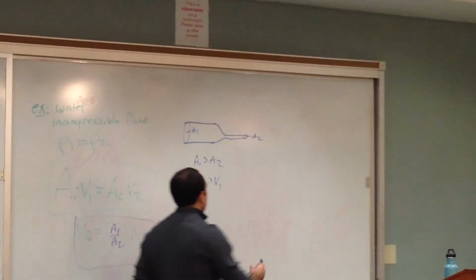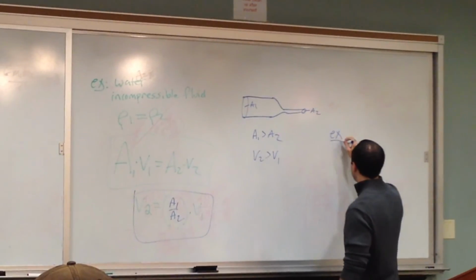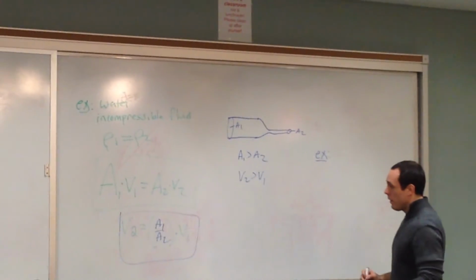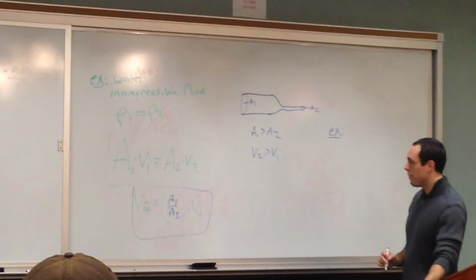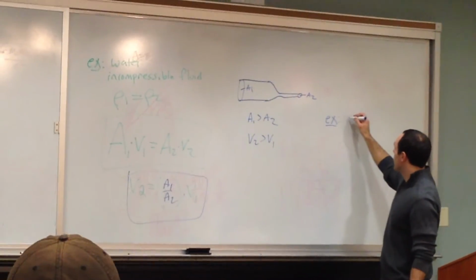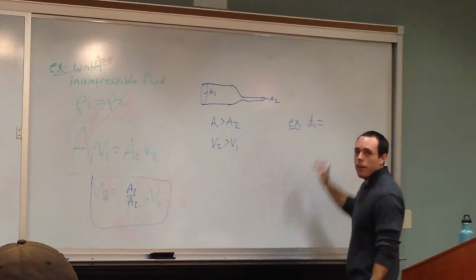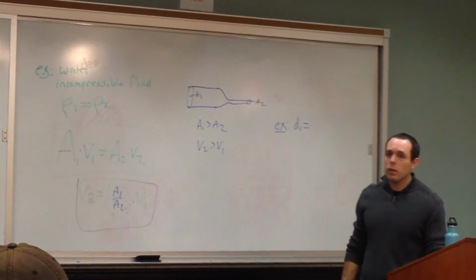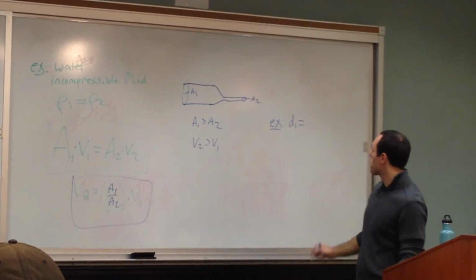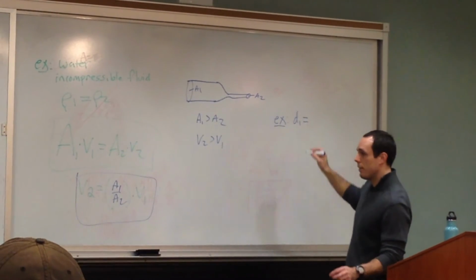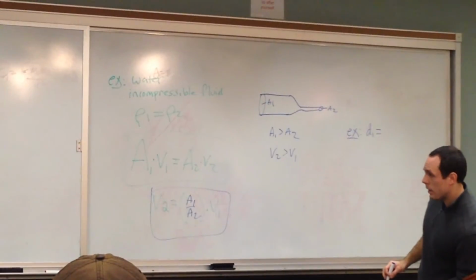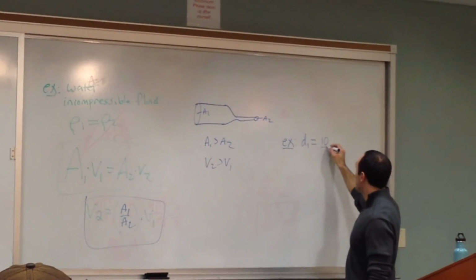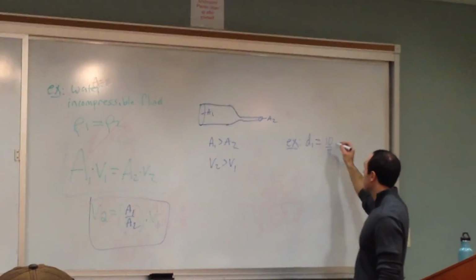So let's do a simple example. Let's say that the diameter of tube 1, D1, is going to be equivalent to 10 over pi meters.